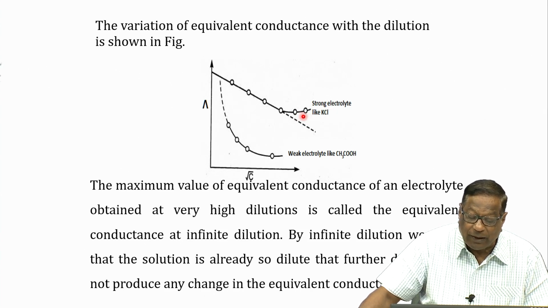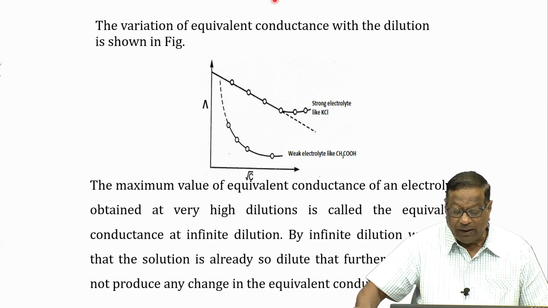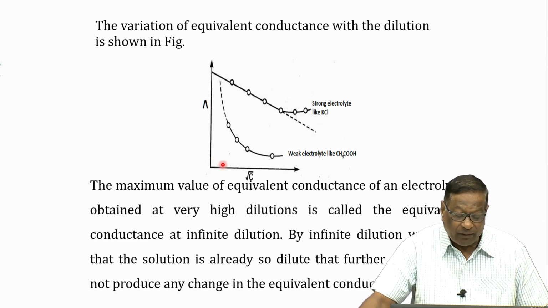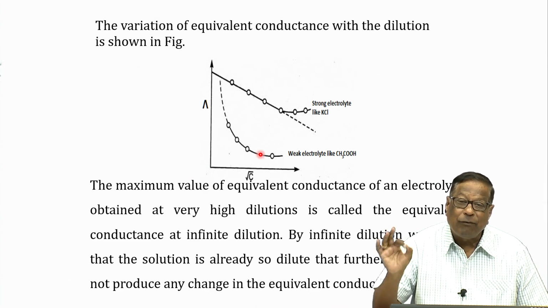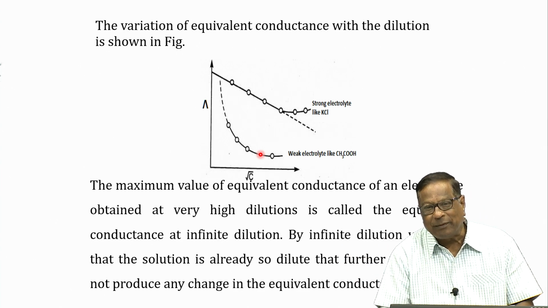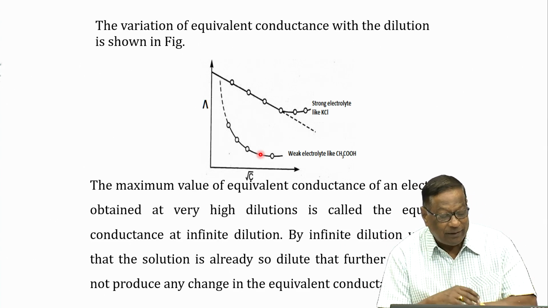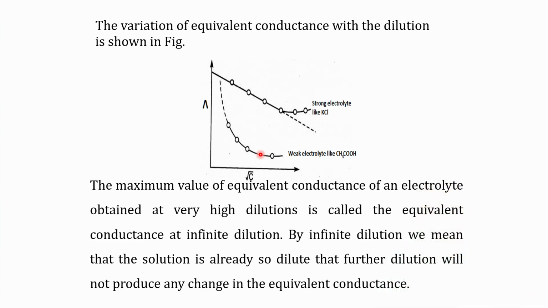So, a strong electrolyte like potassium chloride will increase the conductance. The maximum value of the equivalent conductance of an electrolyte obtained at very high dilution is called the equivalent conductance at infinite dilution. How much it can increase is basically what we are looking at. At infinite dilution, whatever conductance you get would be the equivalent conductance of the electrolyte.